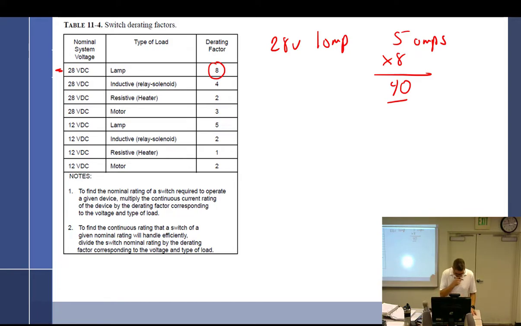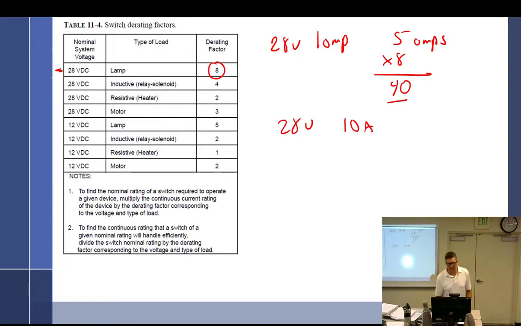All right. Let's see. What do I have here? What's the largest motor a 28 volt 10 amp switch can handle? That was a terrible question.